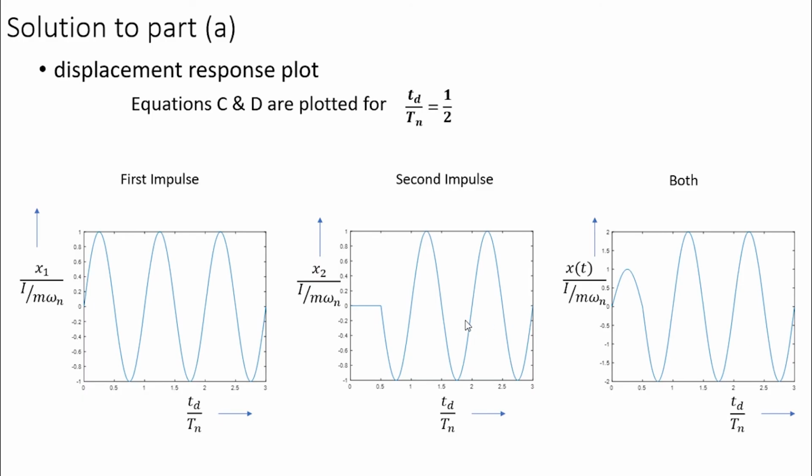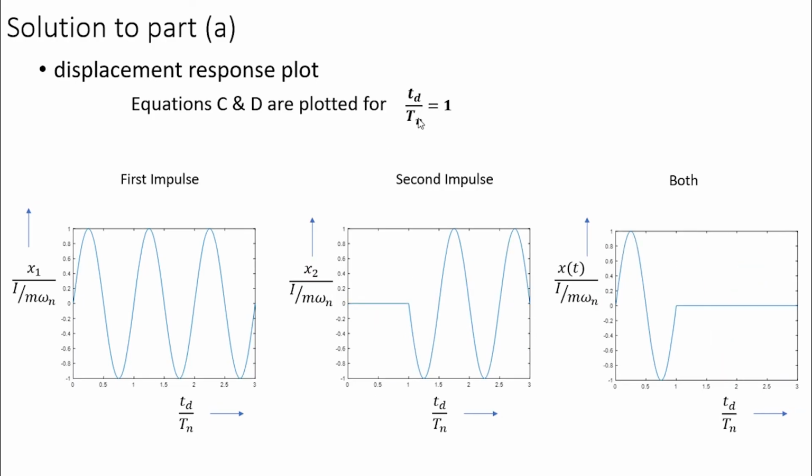In this case, both the amplitudes add up and we get a combined amplitude equal to 2. That means the maximum response of this function xt is equal to twice I by m omega n. So let's see this for one more ratio.